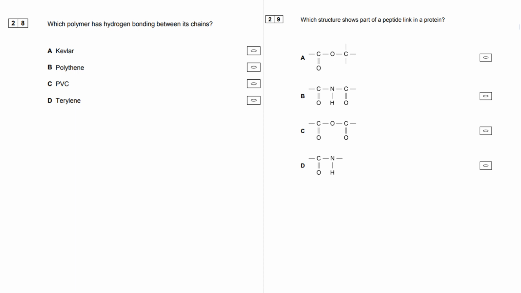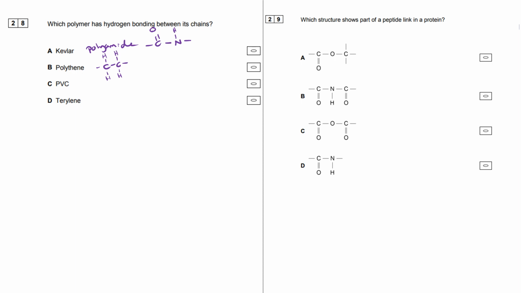Question 28 is about polymers, so this question requires an understanding or knowledge of the structure of certain polymers. So Kevlar is a polyamide. Polyamides will have amide links. Polythene, made up of polyethene, so you're going to have your repeat unit look something like this.